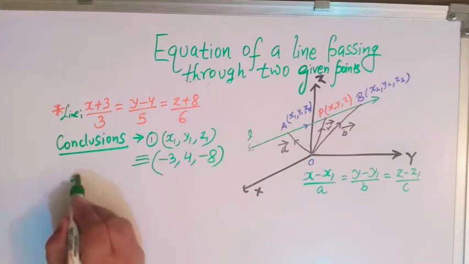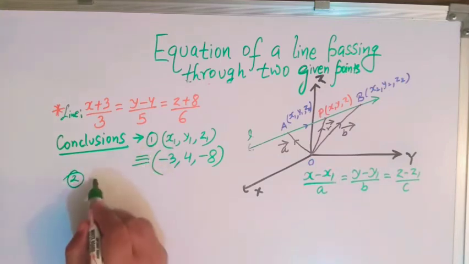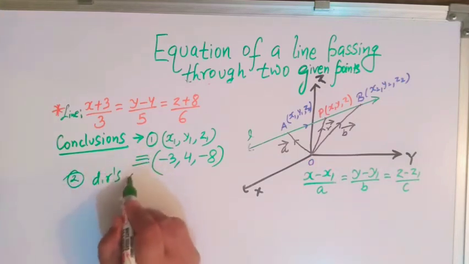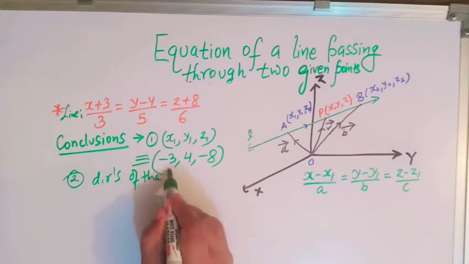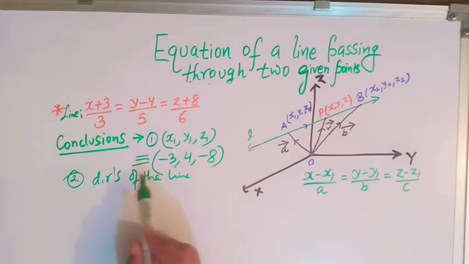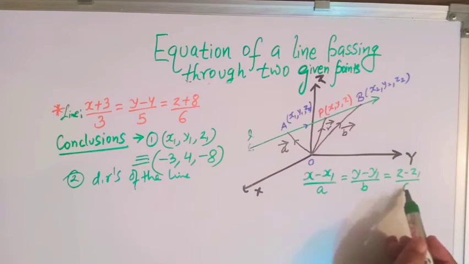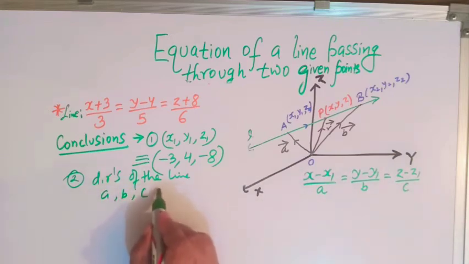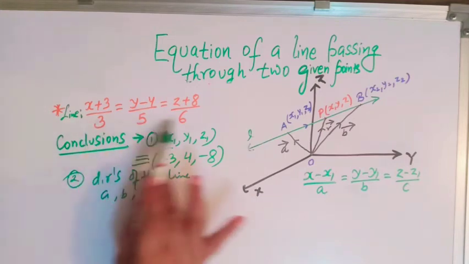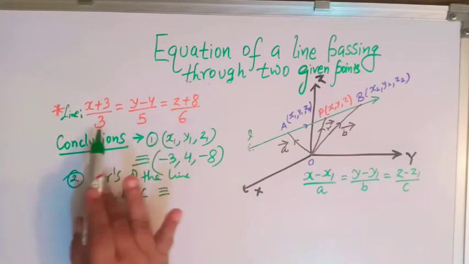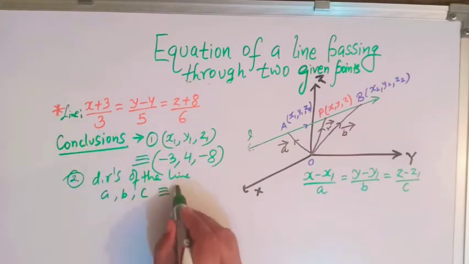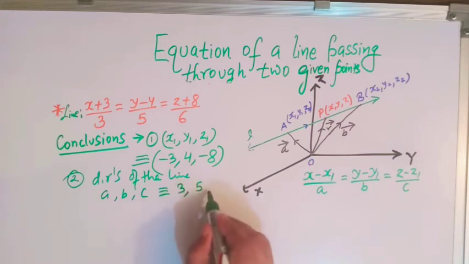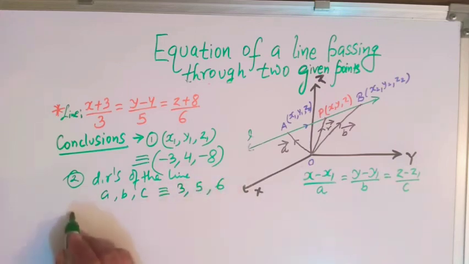And the second one is what are the DRs of the line. So the DRs of the line are a, b and c, and here the direction ratios of the line are 3, 5 and 6, right?